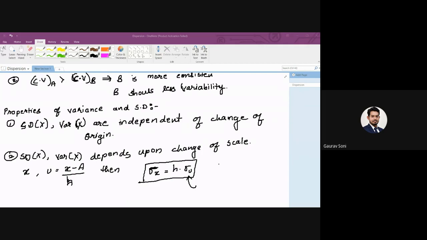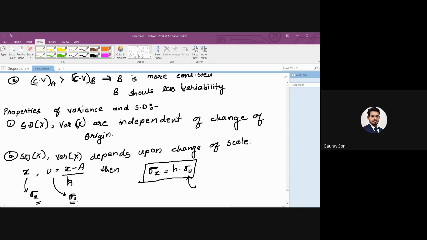For this new variable u, I can find the standard deviation, and I have denoted it by sigma u. With respect to x, we get the standard deviation of x.